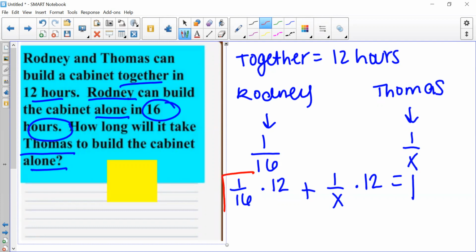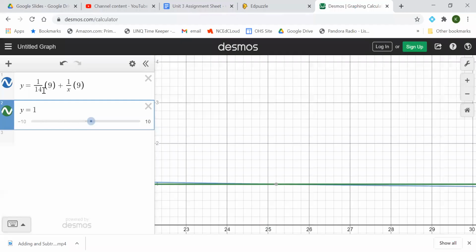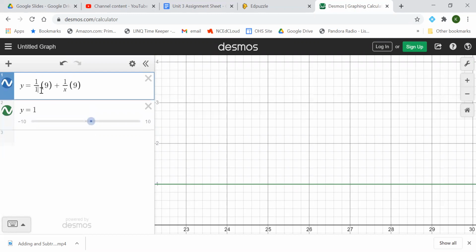And I'm going to type in the left-hand side to Desmos, so 1 over 16 times 12 plus 1 over x times 12.